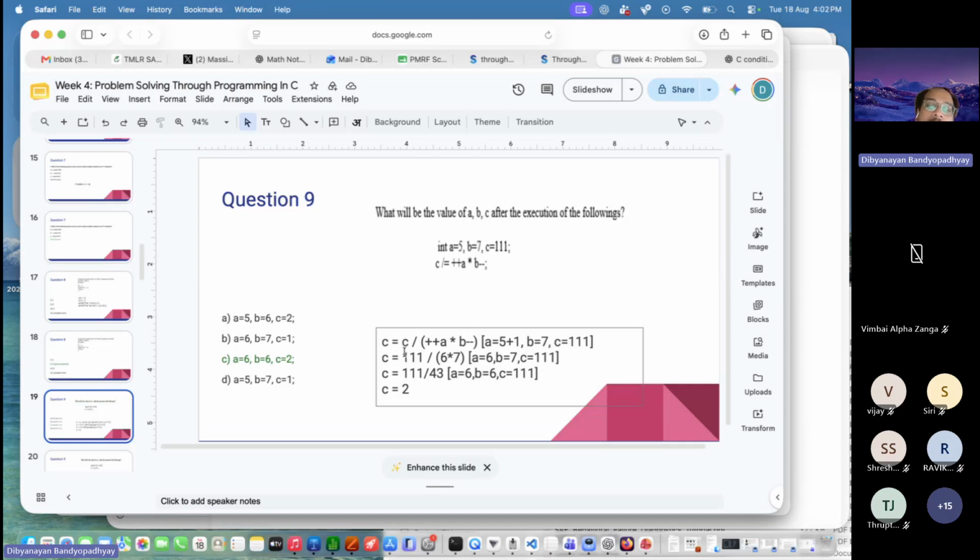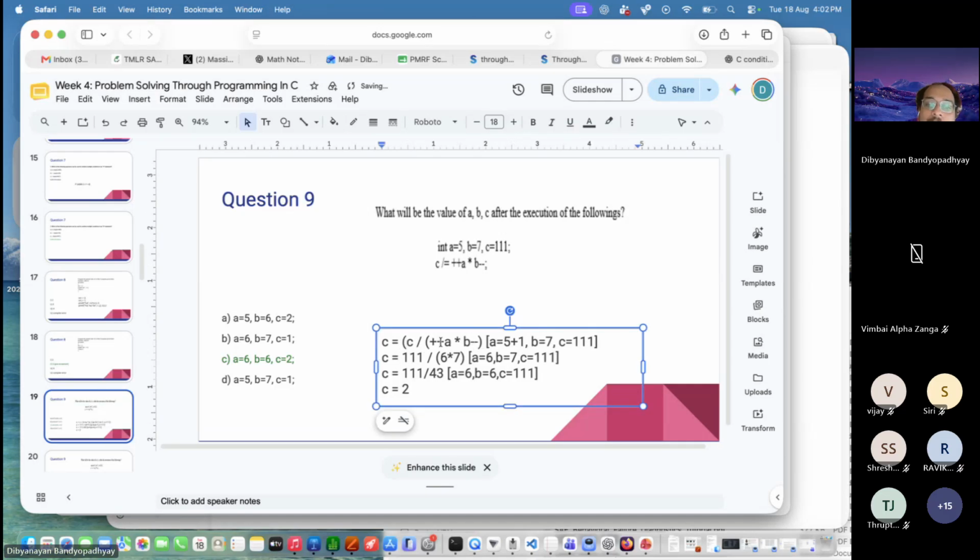But we could have just done it like that, right? Like this, and then like this. Because you have the same precedence and left-to-right associativity, correct?